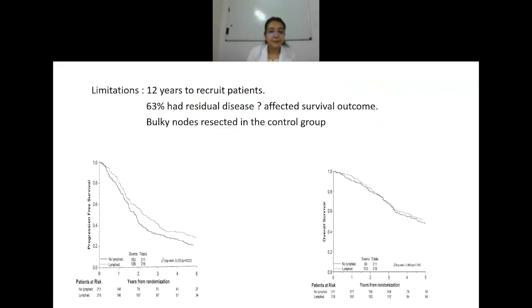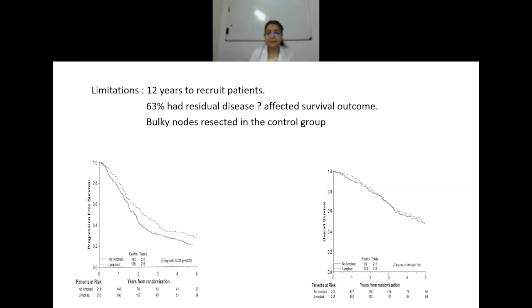The limitations of this study were that they recruited patients over 12 years, and 63% had residual disease that affected the survival outcome. The bulky nodes were dissected, and the bulky lymph nodes were also dissected in the control group.